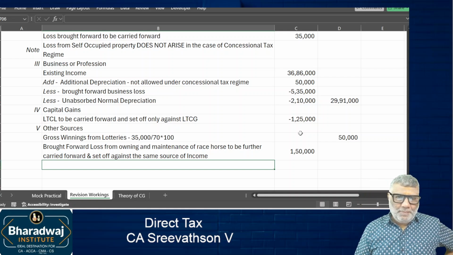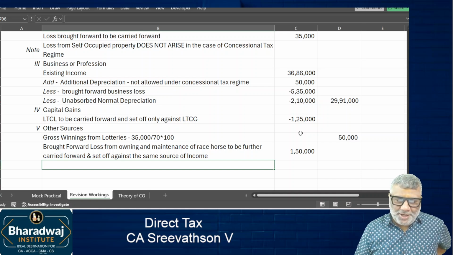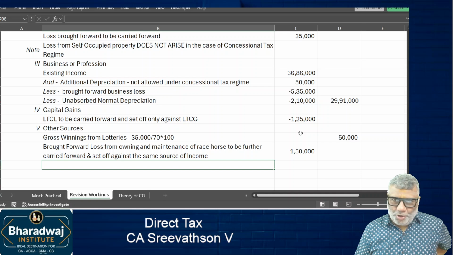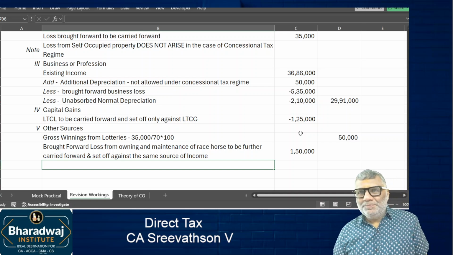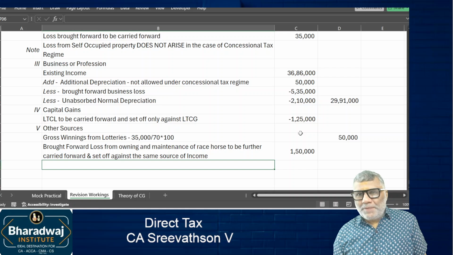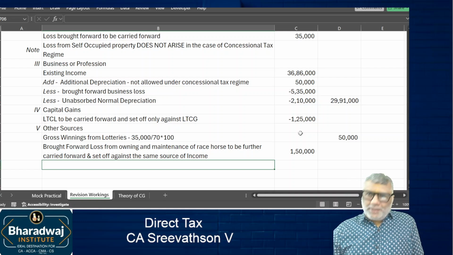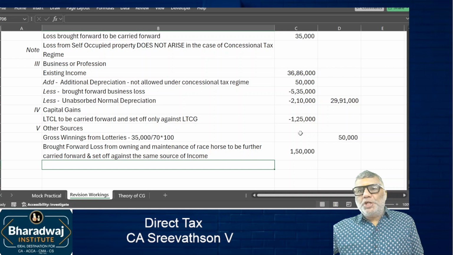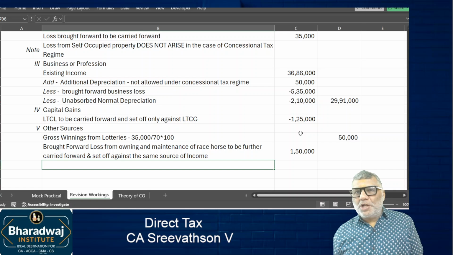For example, in the current year, you have some business income or some business loss. You have house property income. There is a brought forward business loss also. Current year itself, I'll speak about speculation business income 1 lakh, general business loss 80,000, brought forward business loss 50,000.